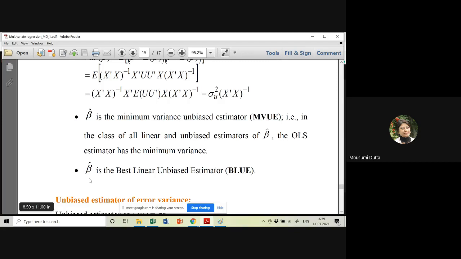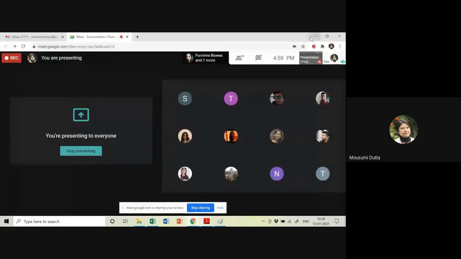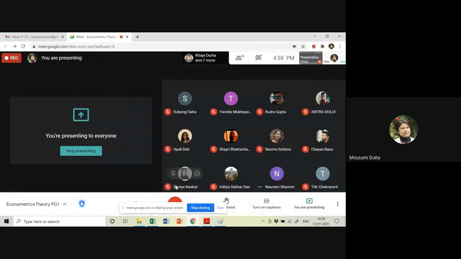If you can prove it or understand the proof in the two variable case, then I can simply extend it and argue for the k variable case, or if I extend the model to k unknown parameters, this property will also be satisfied. So are you understanding what you need to do at home?